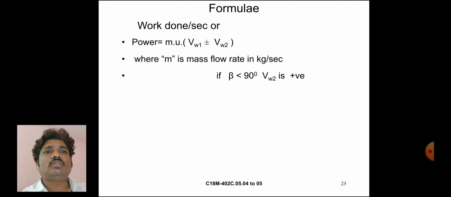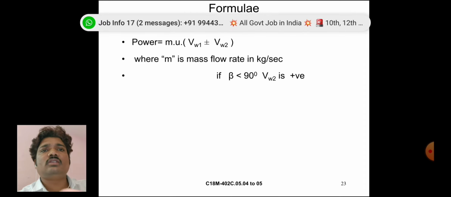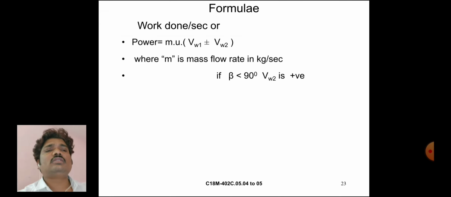In the formula, work done per second or power equals m into (VW1 plus or minus VW2), where m is the mass flow rate in kg per second.